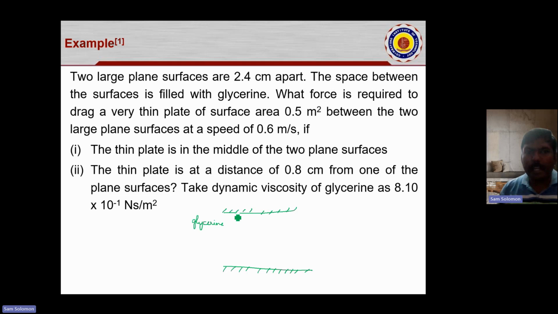What force is required to drag a very thin plate of surface area 0.5 meters squared between the two large plane surfaces, if the thin plate is in the middle of the two plane surfaces. So you have got a plate, and that plate is placed exactly in the middle of the two plane surfaces.